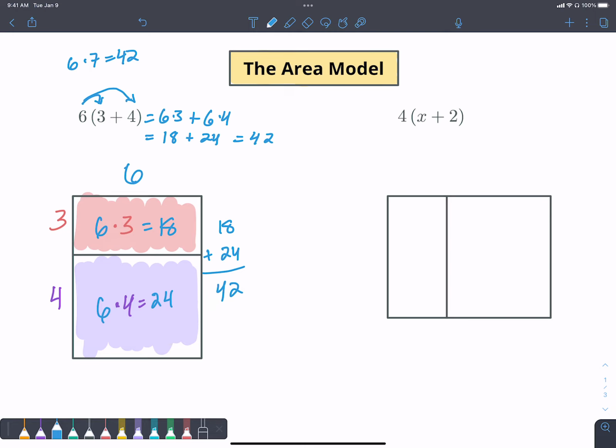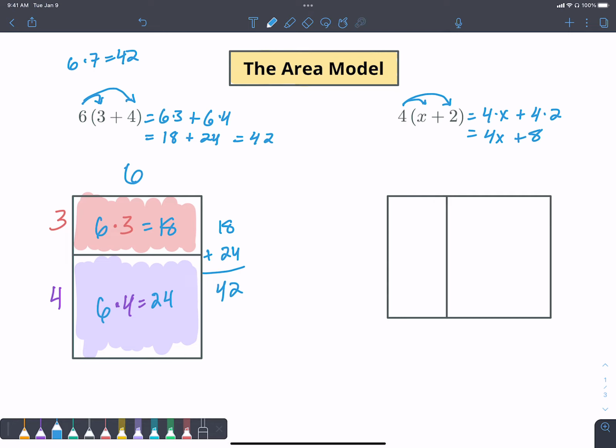So this one also, for this 4 times x plus 2, could be done the same way. We could look at 4 times x and 4 times 2. So 4 times x plus 4 times 2, and we should come up with a result of 4x plus 8.